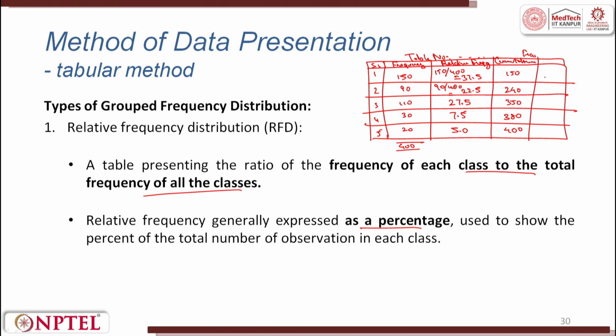Then I have the relative cumulative frequency: 37.5 plus 22.5 would be 60, plus 27.5 would be 87.5, plus 7.5 would be 95, plus 5 would be 100.